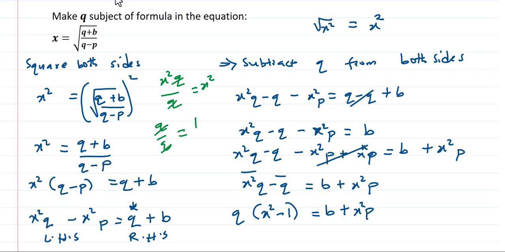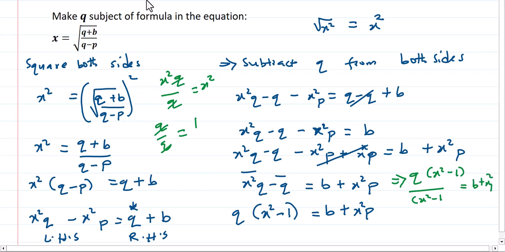And the next step, which is the final process, is to divide both sides by the coefficient of q, which is x squared minus 1. I want to do that with a different ink because we're already having a cluttered page. So doing that, we have q bracket x squared minus 1 all over x squared minus 1 is equal to b plus x squared b all over x squared minus 1.